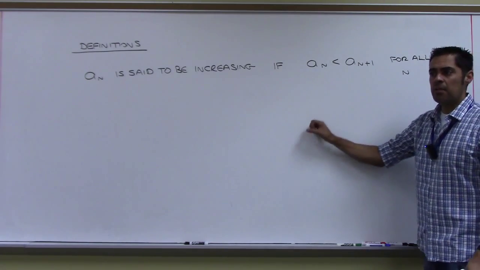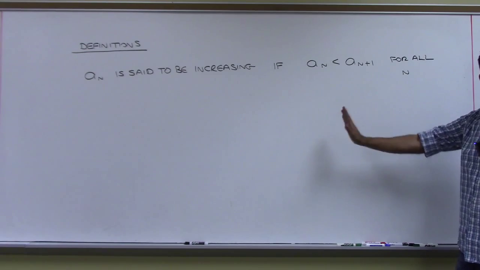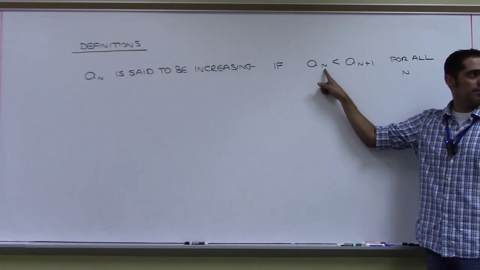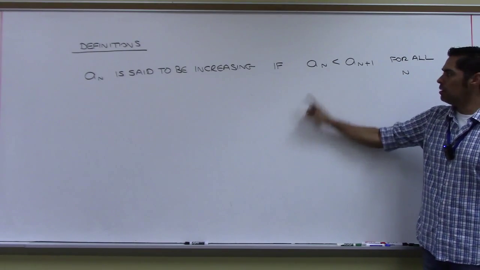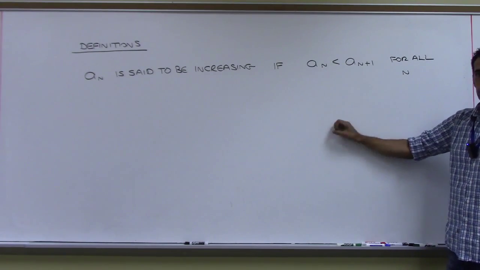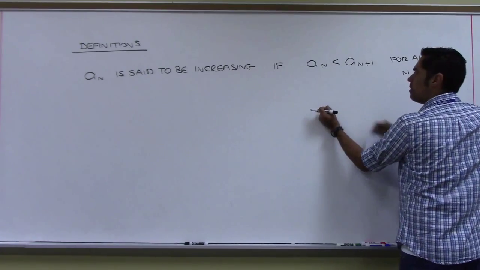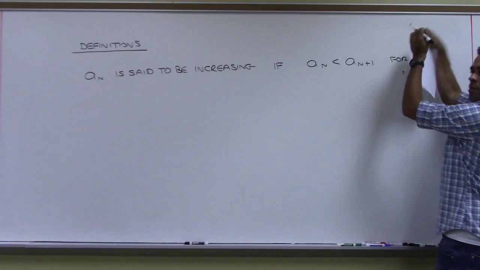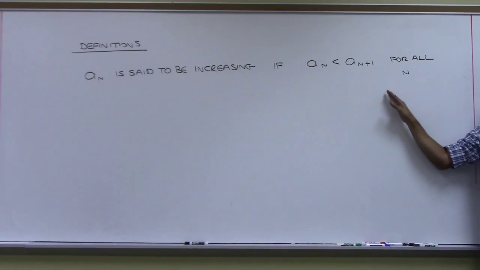An increasing sequence should go up, right? As you move from left to right, it should go up. So the nth term of the sequence should always be smaller than the next one. So this one would be here, the next one would be above it, and the next one after that would be above that one, and so on and so forth. So that's what it would mean to be an increasing sequence.